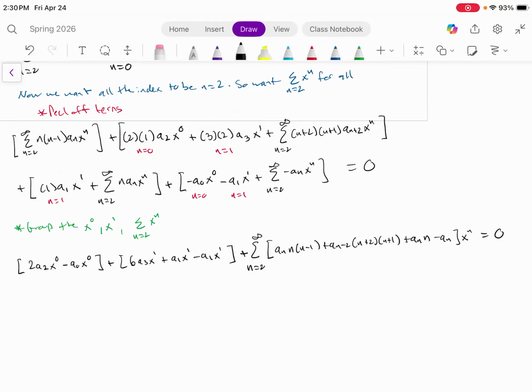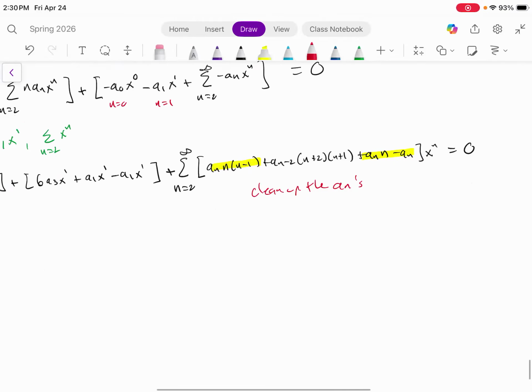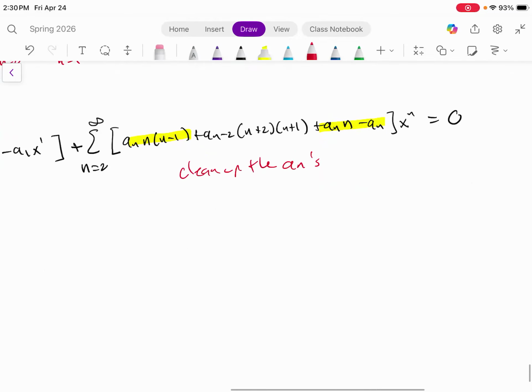It's a bunch of a sub n's. This will make it a little easier for us when we get going on a recurrence relation. So, let's clean up the a sub n's.